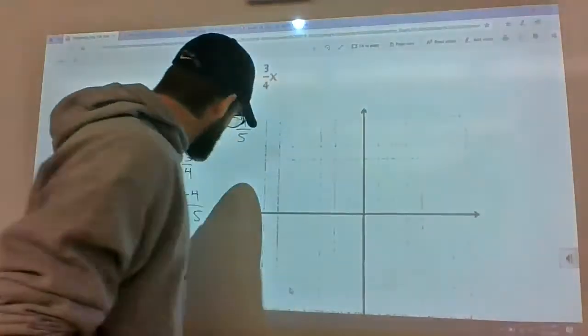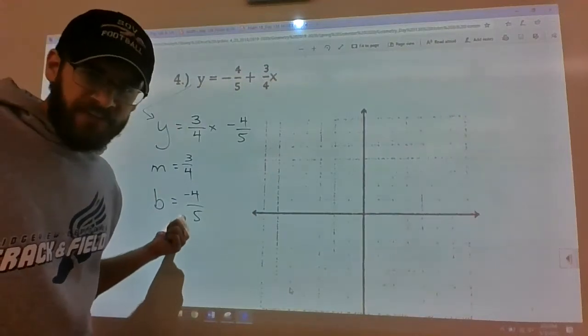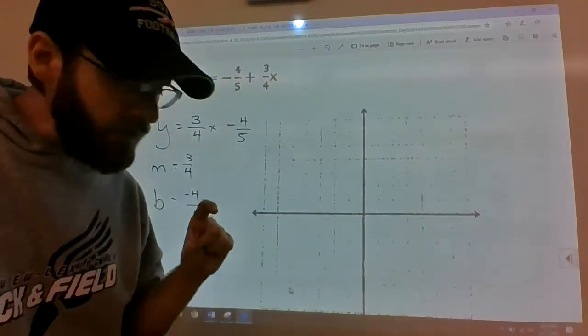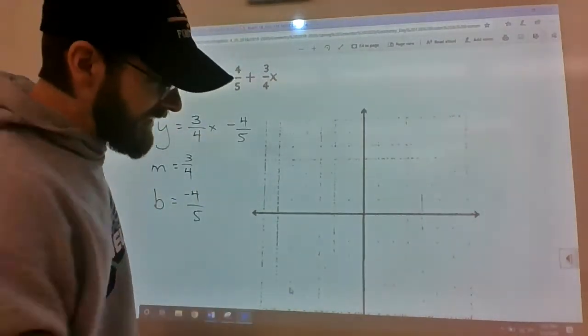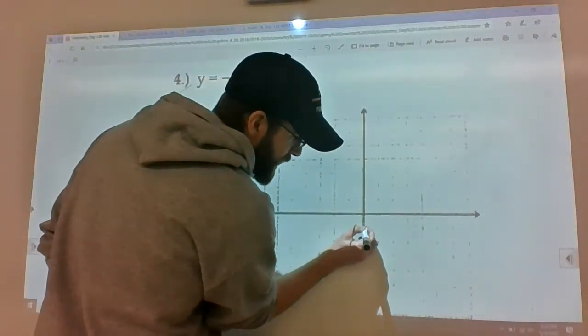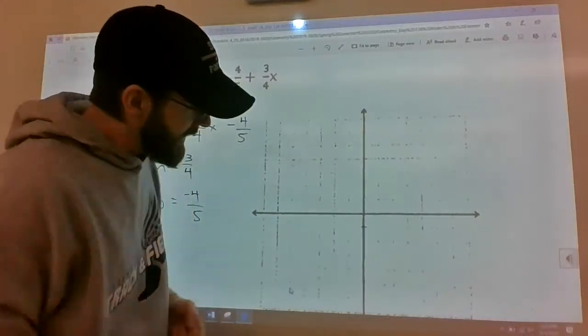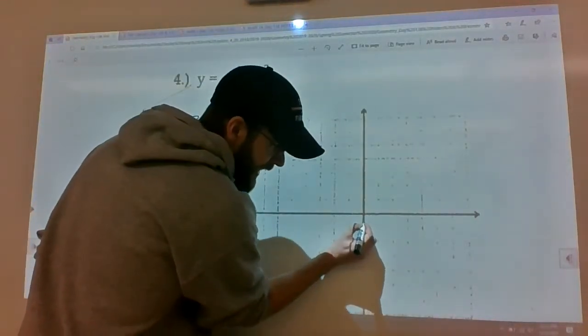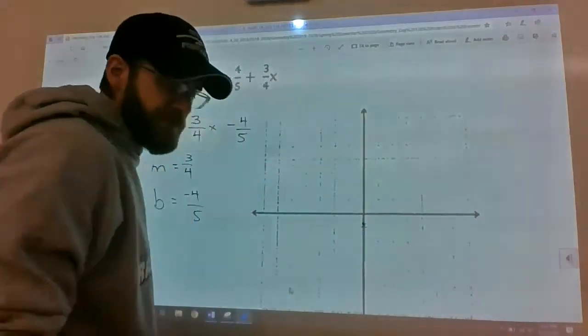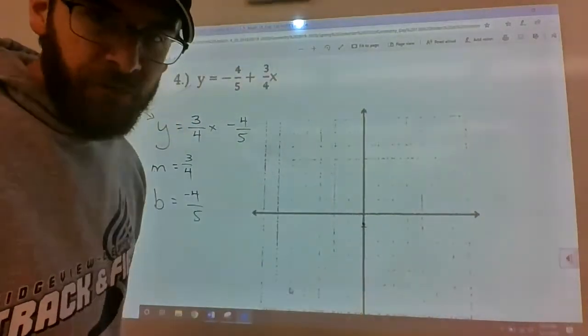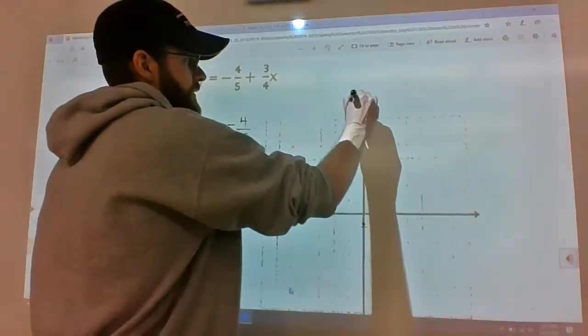So really you need to think to yourself, if it's negative 4/5, that means you're going down 4/5 of a block. So let's say that a whole block is right here. 4/5 of a block is very close to it, but not quite. So we would plot our first point above -1 on the y-axis. Okay?